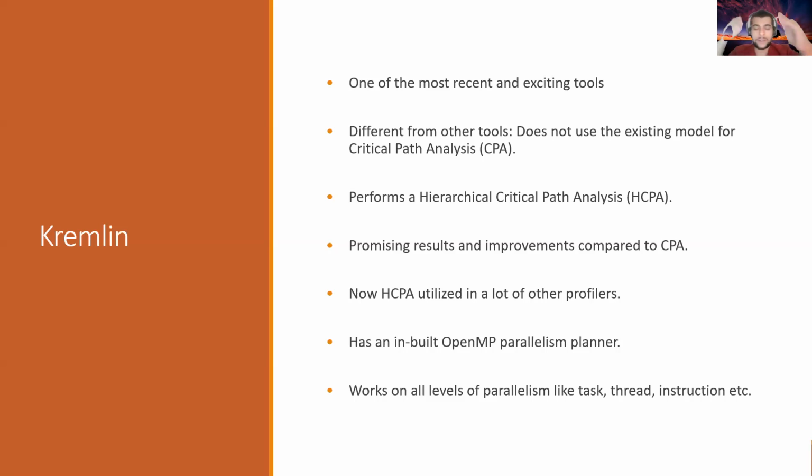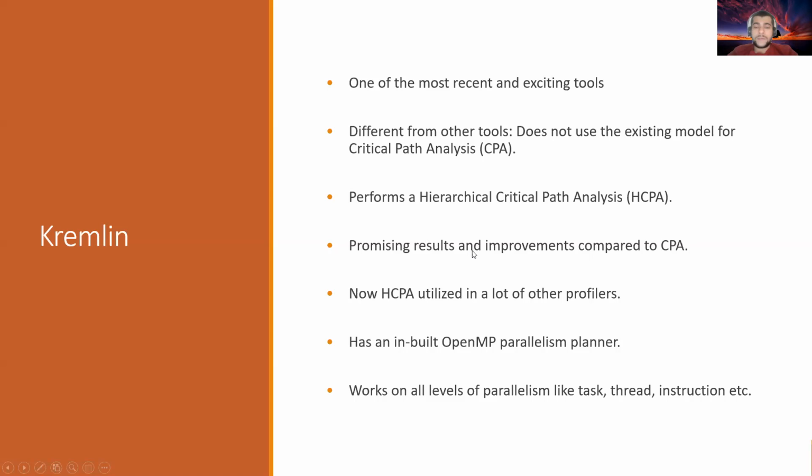Because you can map parent to child forking and all those instances. So Kremlin is the first tool which has actually implemented this hierarchical critical path analysis methodology, and the results have been really promising. There have been a lot of improvements compared to standard CPA.